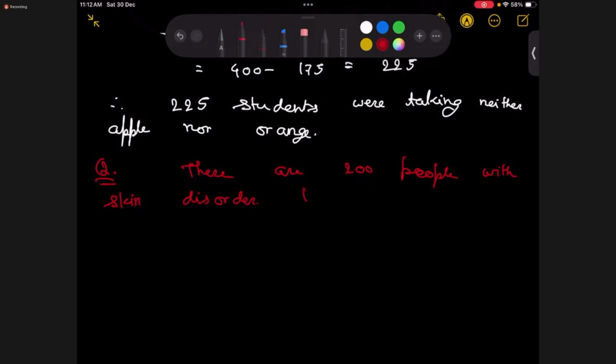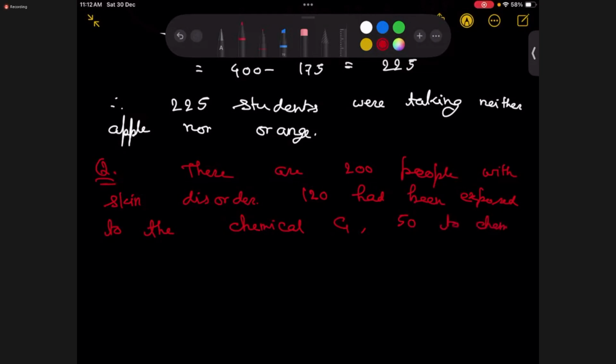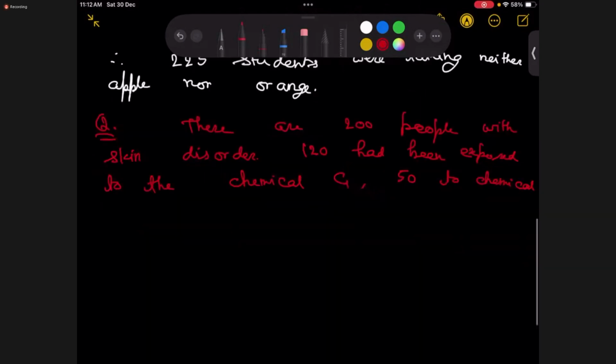Among them, 120 had been exposed to the chemical C1, 50 to chemical C2, and 30 to both C1 and C2.